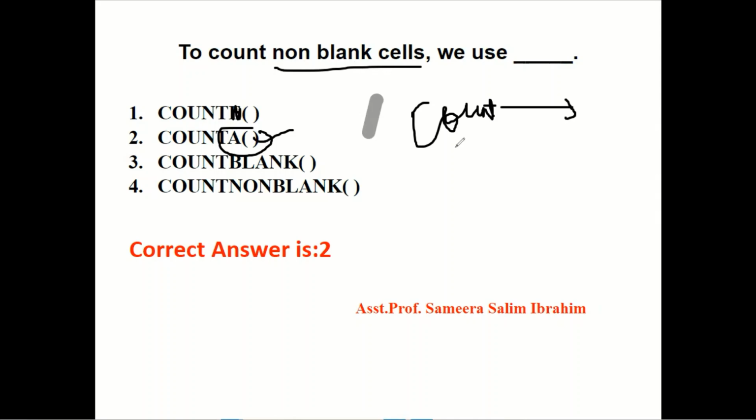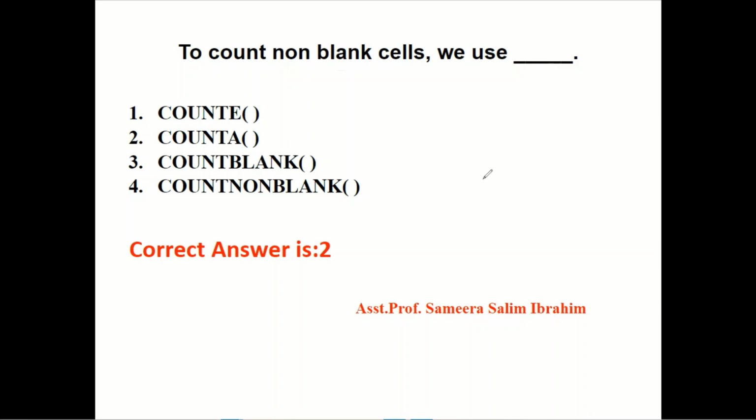COUNT only counts numbers. It doesn't identify a cell which has characters, it doesn't identify a cell which has a date, and it also doesn't identify a cell which is blank. COUNTA only doesn't identify a blank cell. So the correct and more perfect answer will be COUNTA.